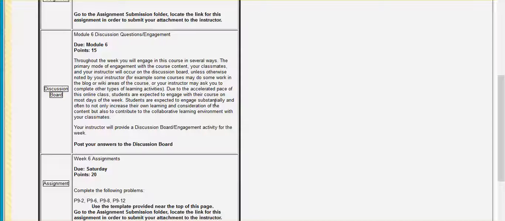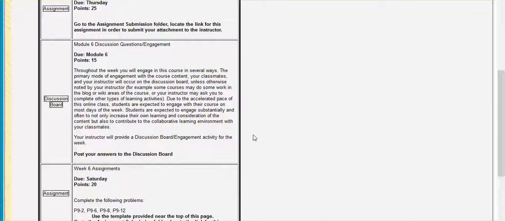So that gives you about 3 posts per discussion thread, the initial one and then 2 responses, and you need to spread those over the week instead of putting them all in one day. This is just to help us keep engagement up with you and me and with the rest of the class. I hope you understand.